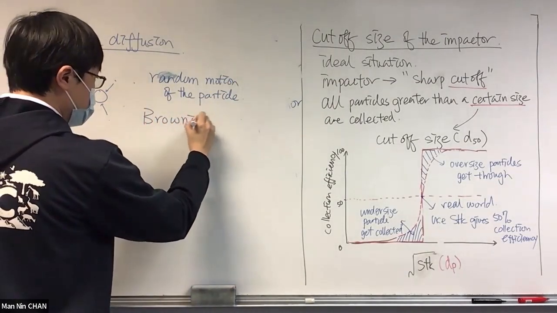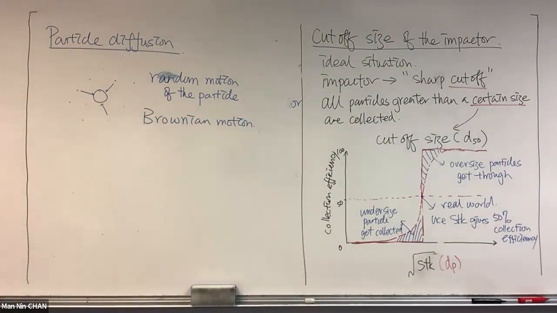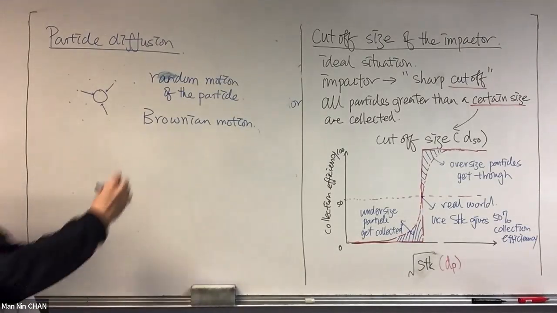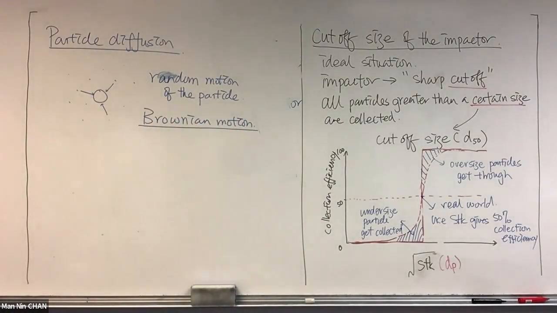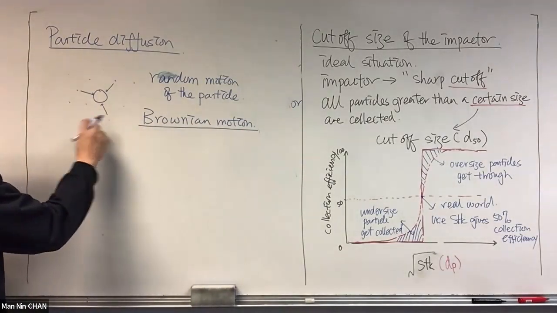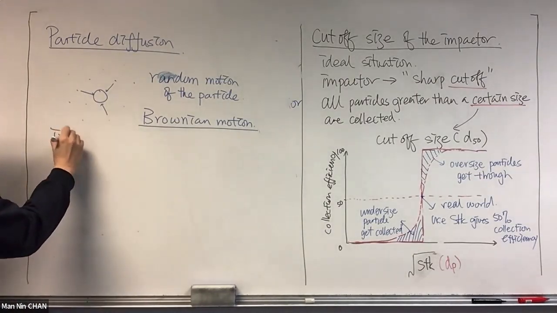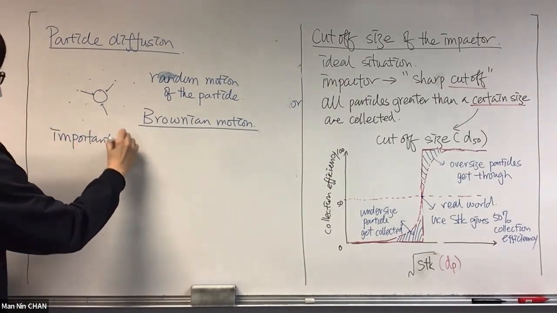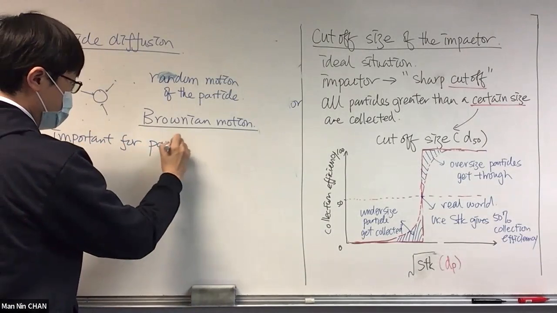Like I mentioned, the Brownian motion will be more important for small particles. Just to give you a quick idea, when we talk about Brownian motion, it is important for particle sizes smaller than 100 nanometers.